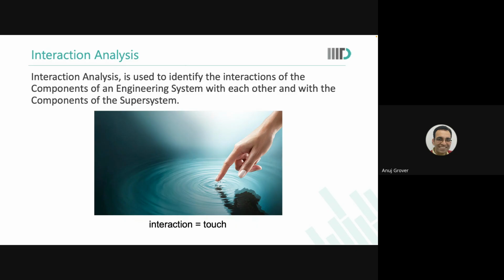And one thing that you need to very carefully notice is that interaction means touch. There has to be some contact that has to be established for interaction to happen. When we are interacting with the sound, we are interacting with the sight. So interaction is happening; there is some contact that is built.